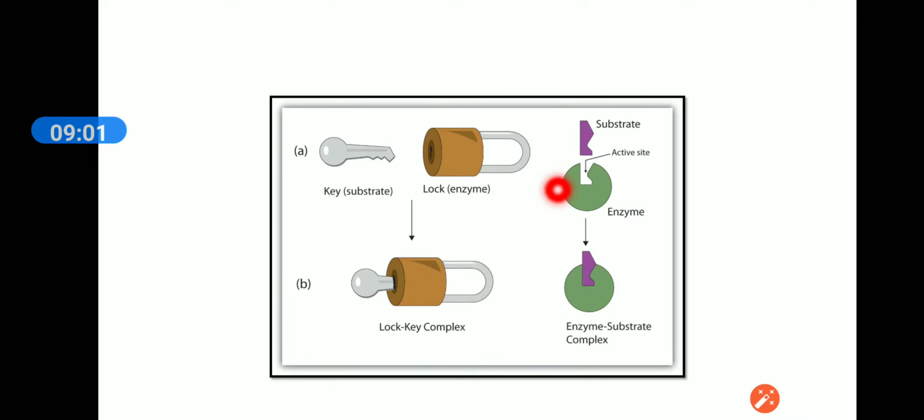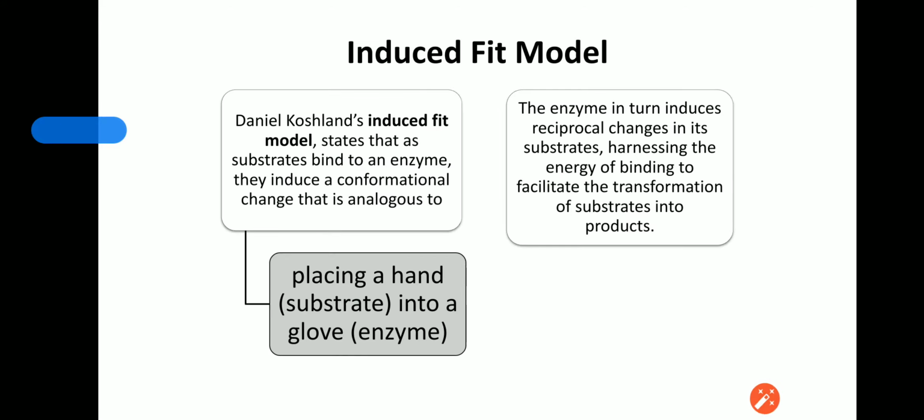In this case, it failed to explain the conformational changes, which we will discuss in a later lecture, that happen during the mechanism of action. To address these limitations of the lock and key model, Daniel Koshland later introduced a new model of substrate and enzyme interaction called the induced fit model.